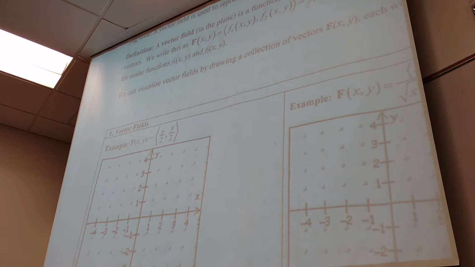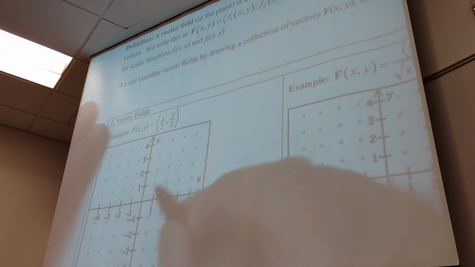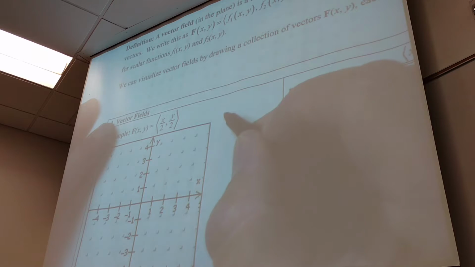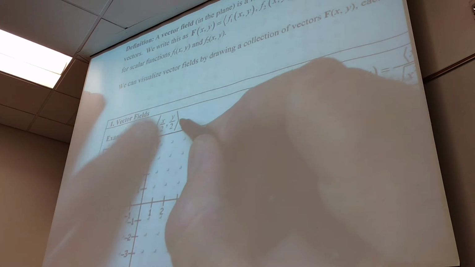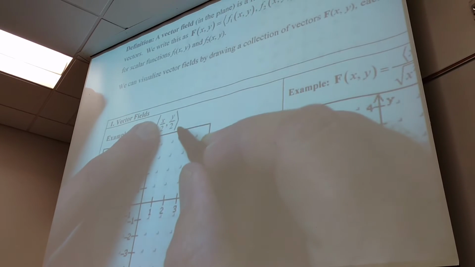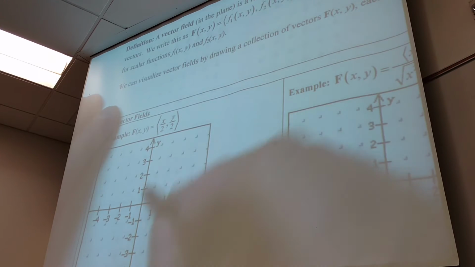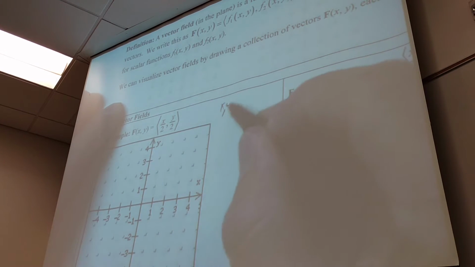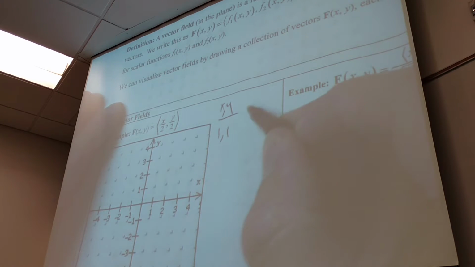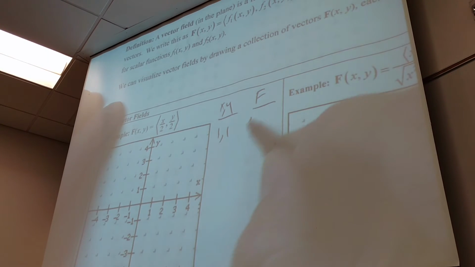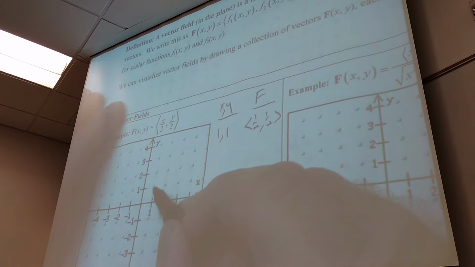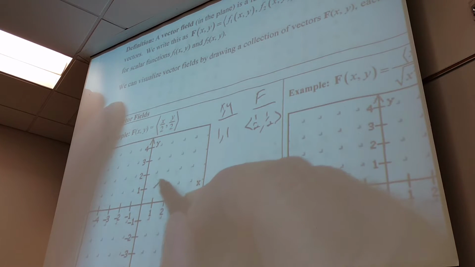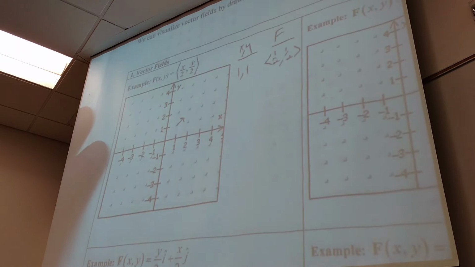If I wanted to do 0, 0, obviously that would be the 0 vector. But let's say at 1, 1. For x, y equal to 1, 1, what's the value of f going to be? 1 half, 1 half. So at 1, 1, I can draw 1 half, 1 half. It's going to be like that little vector there.